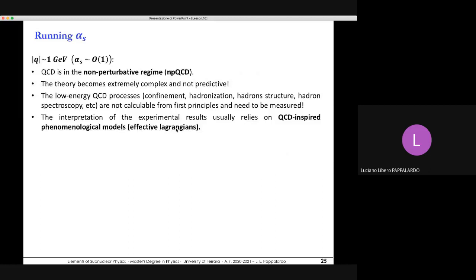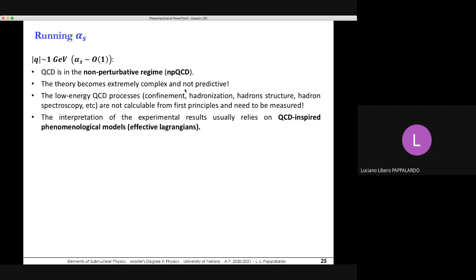Now, let's focus again on this running alpha strong issue. When our energy scale or momentum scale is of the order of 1 GeV, so we are probing QCD phenomena at small energy, then alpha strong is very large, of order 1. That could be 0.5, 0.6, 0.8, order of 1. And this is, as I was already anticipating yesterday, the non-perturbative regime of QCD, NPQCD. The alpha strong constant is so large that you cannot apply perturbative methods here to make predictions, to make calculations.